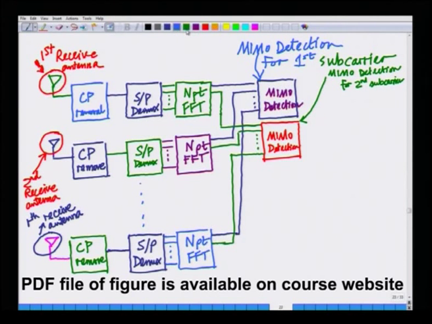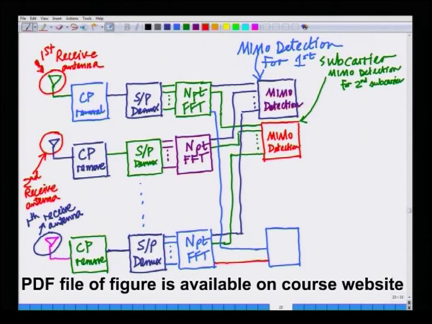For instance, one can now do MIMO detection for each, and this is the MIMO detection for the last subcarrier.